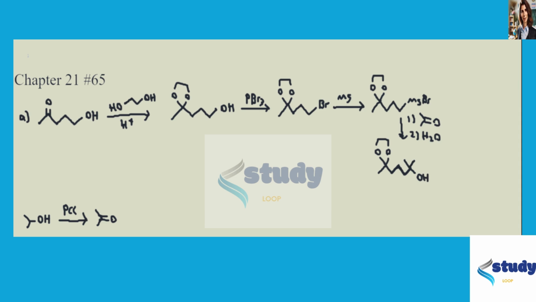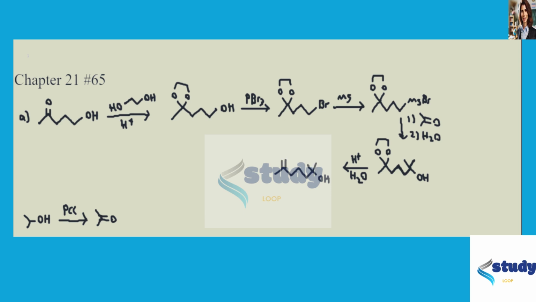Okay, so we've added the carbons that we need, and now we need to deprotect our ketone. And so that is accomplished by acetal hydrolysis, so a little bit of acid and some water gets us back to the ketone.